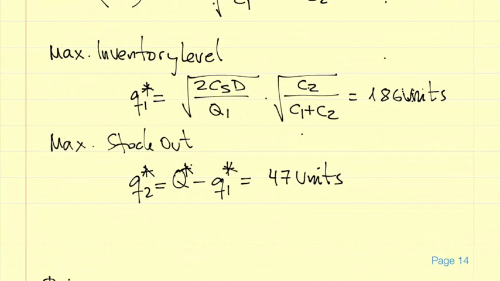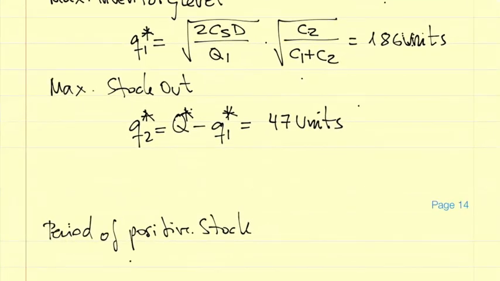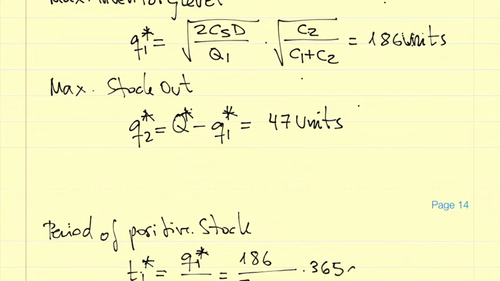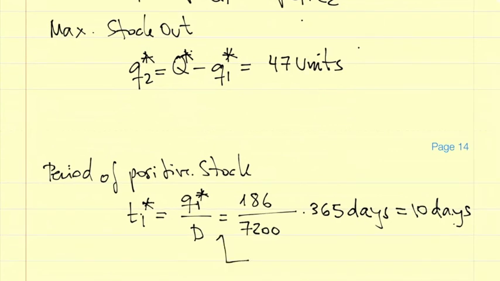Period of positive stock T1 star equals Q1 star divided by D equals 186 divided by 7,200 times 365 days equals 10 days. So here 1 year is 365 days.